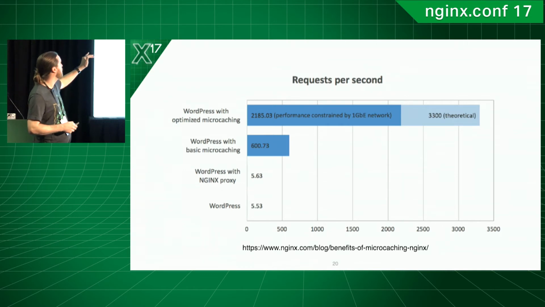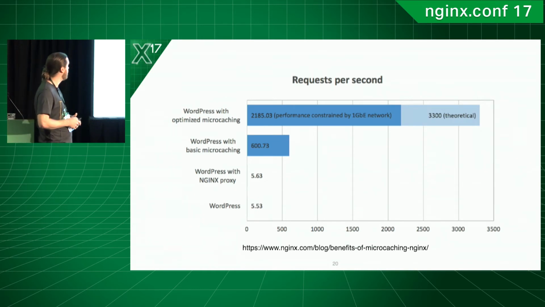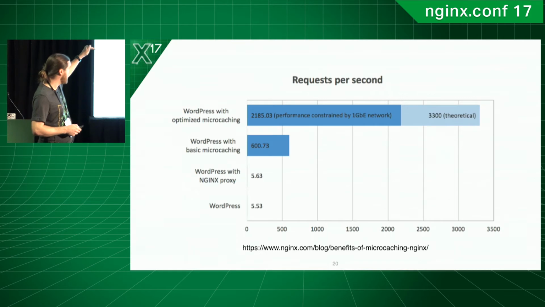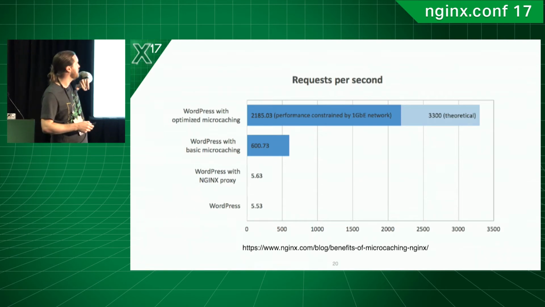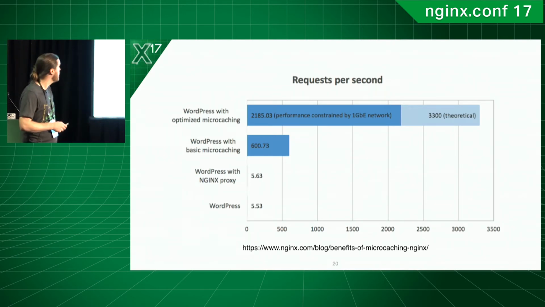But the minute that we enabled basic micro caching, you can see the drastic requests per second increase that was gained. Then, when we actually enabled micro caching on a 1 gigabit NIC, by the way, that was the network card that was used, theoretically, you could get upwards in the 3,000-ish requests per second. So you can see it's a drastic improvement of the performance.